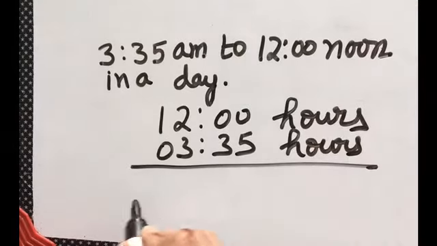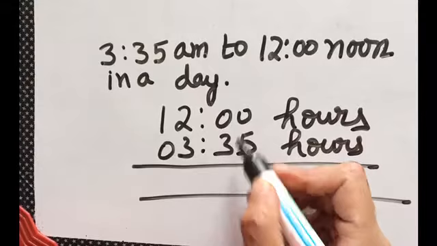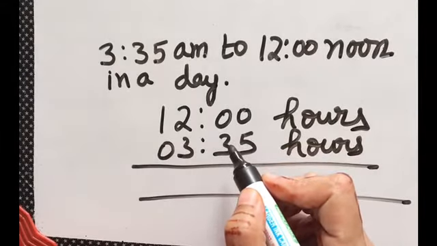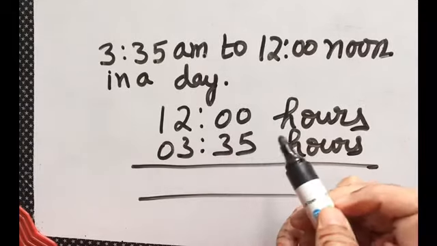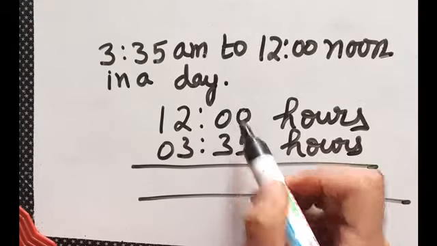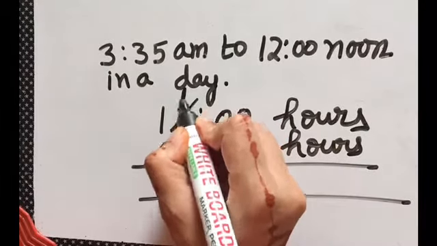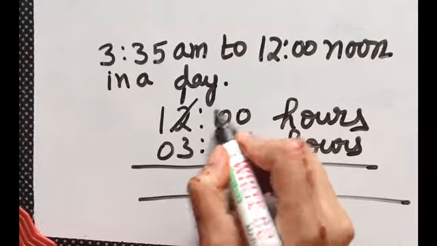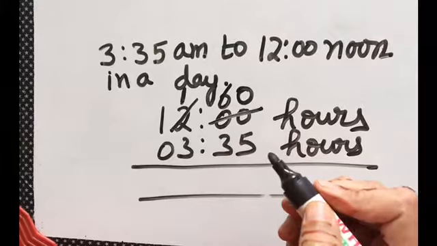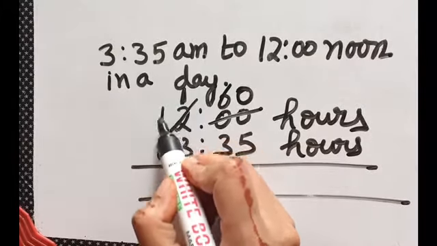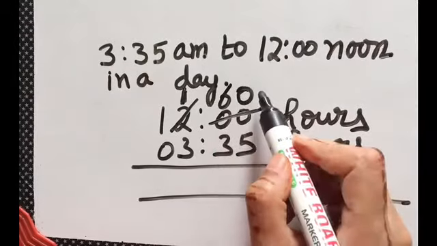Now subtract them. The important thing we have already discussed, please check out the subtraction video. You cannot subtract 35 from 00. Fine. So what you will do, you will take 1 hour from there, and 1 hour is equal to 60 minutes. So instead of this 00, you have taken 1 hour from there. So here it will be 11 hours and here it will be 60 minutes. Fine.